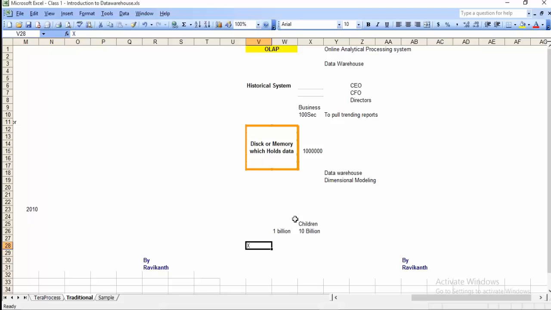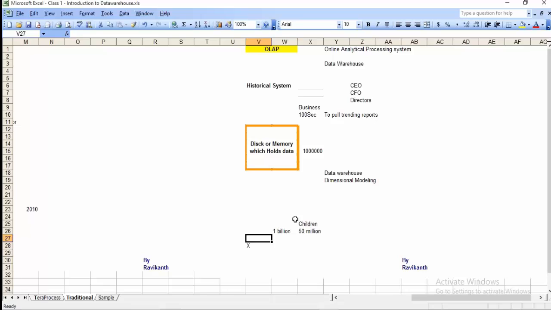By knowing this historical data, that the product called X is making a lot of revenue from the past 30 years, what they can decide is that this is our critical product which we can target. Let's say they retrieved 10 billion children; let's say 50 million children are associated with their customers.